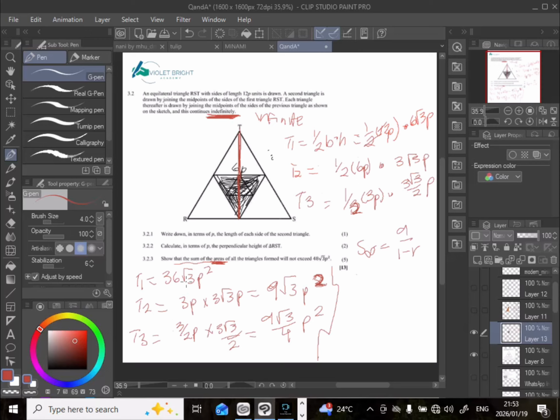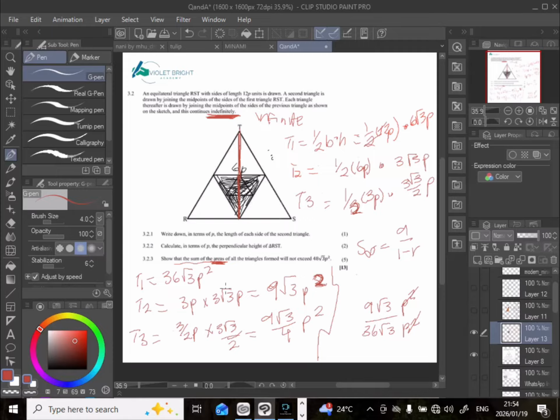We know that r is T2 over T1, it's 9 root 3 p squared divided by 36 root 3 p squared. We know that these will definitely cancel out. So 9 root 3 divided by 36 root 3 will be just 9 over 36, which is just 1 over 4.